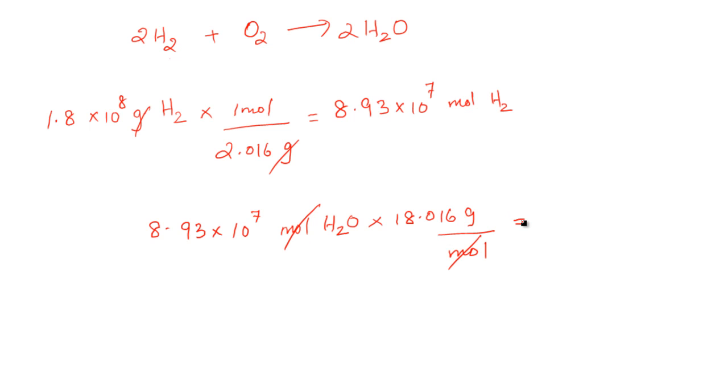So, how many grams of water will be produced? You got 1.6 x 10^9 grams of water. That is correct.